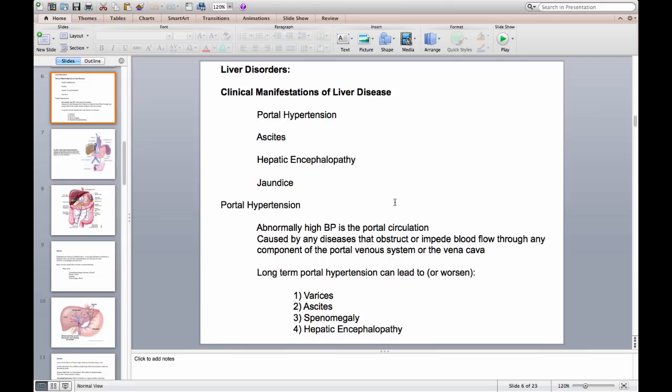And then we're left with ascites. Now, portal hypertension contributes to ascites by increasing the capillary blood pressure within the mesentery, right? Enhancing that flow of fluid out into the peritoneum. But we know with ascites, what two conditions do we see ascites in?